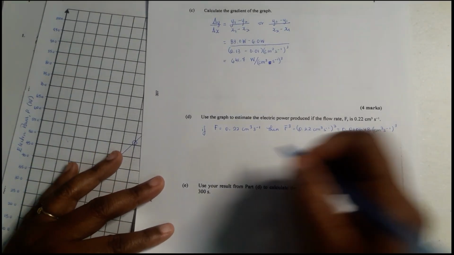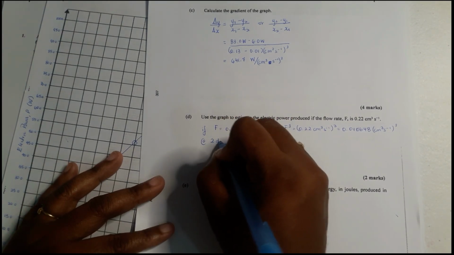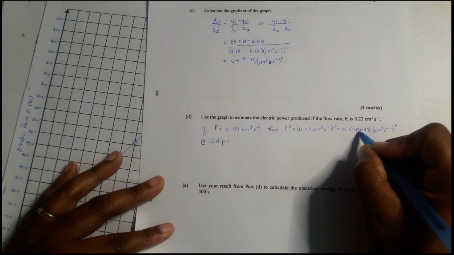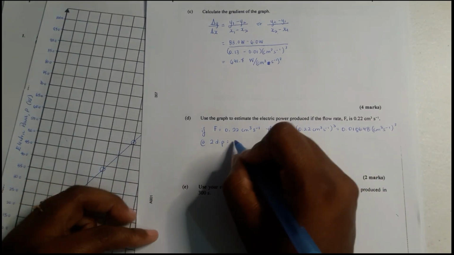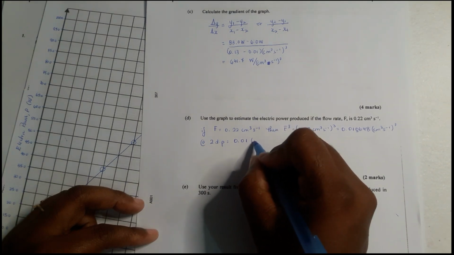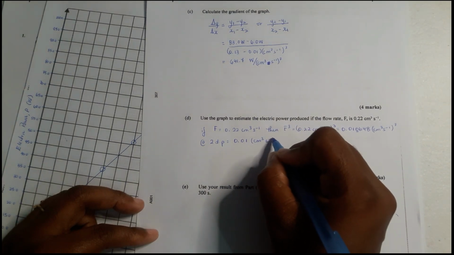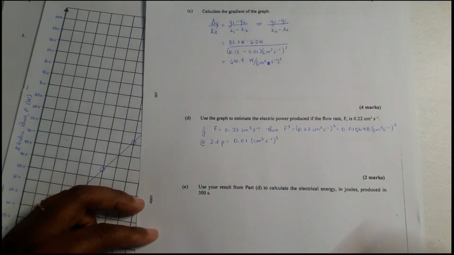Since there's a 0 behind here, it doesn't affect that. So we're going to say 0.01 cubic centimeters per second cubed. That is the answer right there.